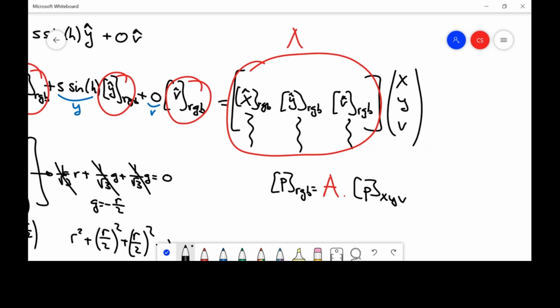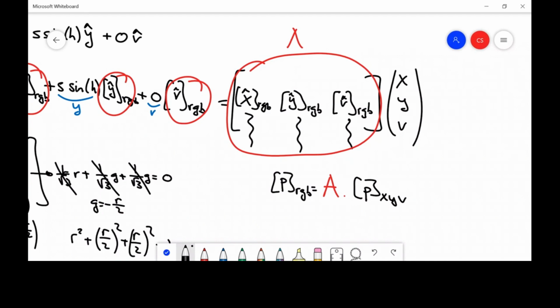That is, if I want to change a point from one coordinate system to another coordinate system, I have to multiply it by a matrix. And this matrix is the expression of this coordinate system expressed as a function of the other coordinate system.